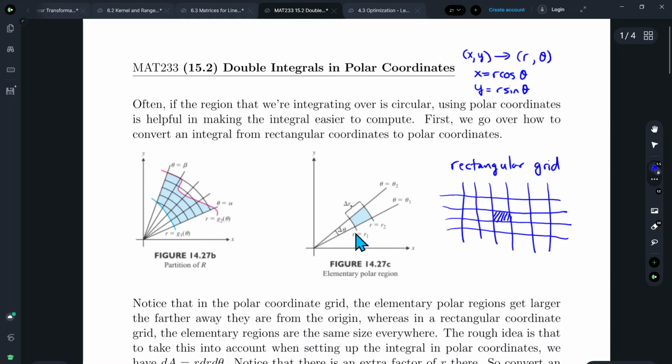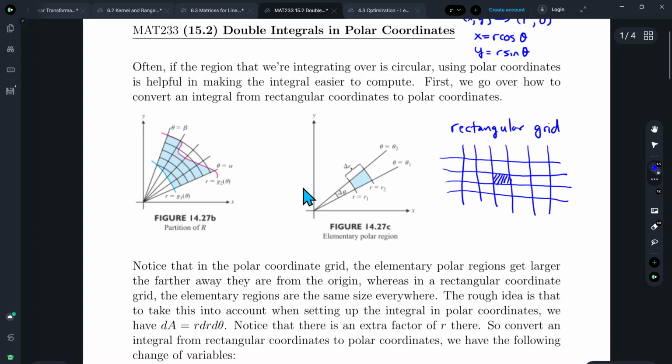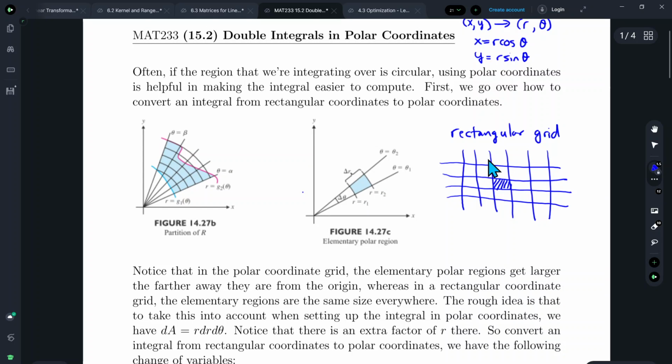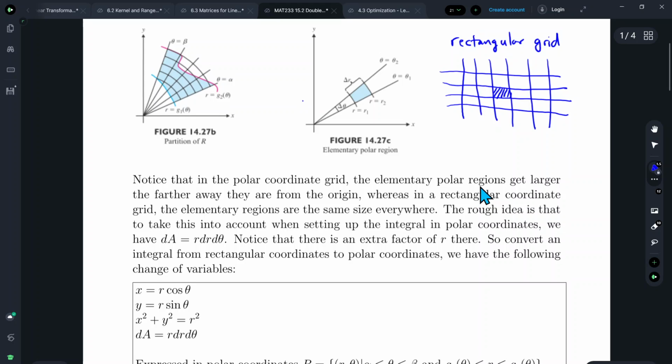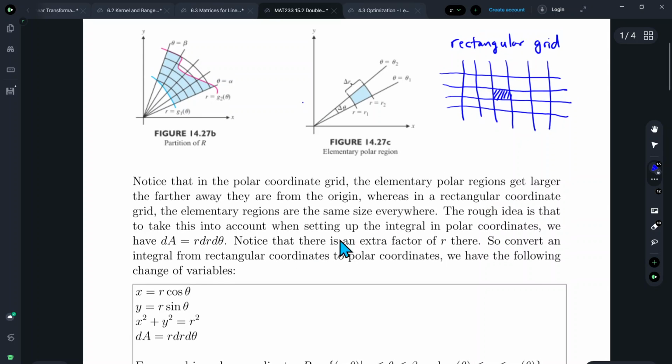And so because setting up an integral involves these little area elements, we have to understand how, when we switch from rectangular coordinates to polar coordinates, these grid elements change. And essentially that's described by an extra factor of r, right?